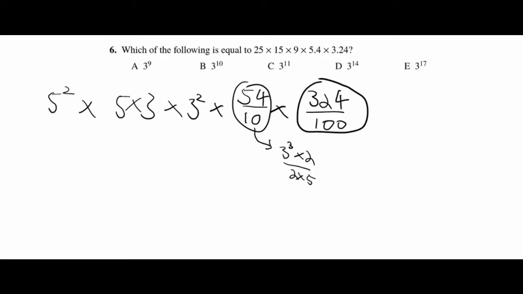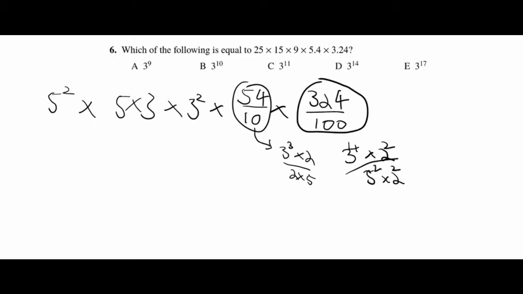And then 324 divided by 100, well, 324 is the same as 18 squared, and 18 squared is 3 squared times 2, all squared, so 18 squared would be 3 to the power of 4 times 2 squared, divided by 100, which is 25 times 4, and so is 5 squared times 2 squared.